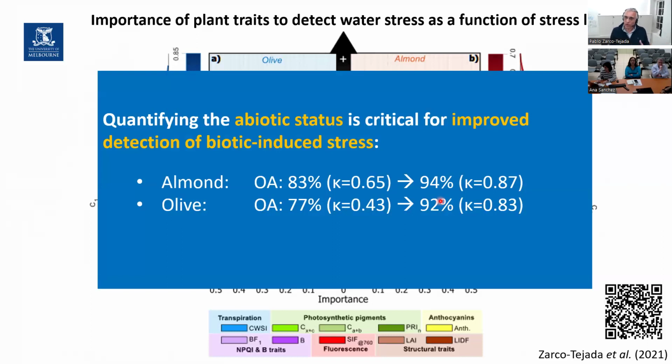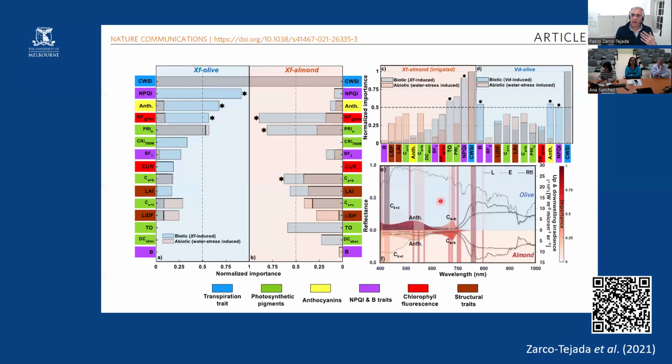So we are using imaging spectroscopy and models to understand the dynamics of the traits, those traits being the ones that characterize the physiological processes happening to the vegetation under stress, either biotic or abiotic. And that is how we evaluated the case of olive and almond, and also across different pathogens, Xylella and Verticillium.